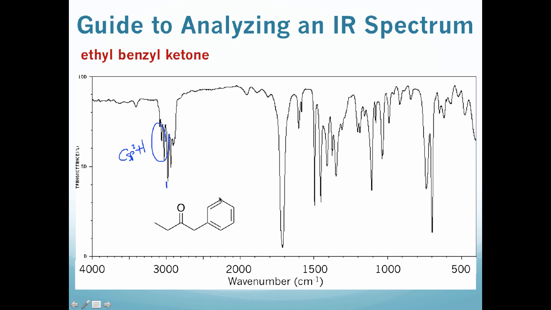And although they're part of a benzene ring, they're still responsible for those stretches. To the right of 3000 wave numbers, this stuff over here, those are the carbon sp3 hydrogen bonds, and of course we have a number of those.